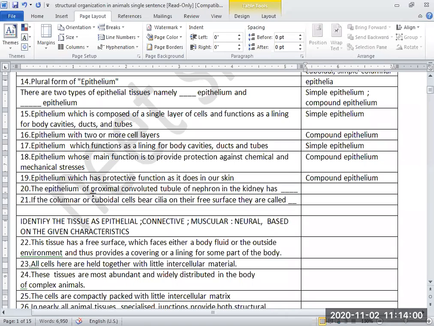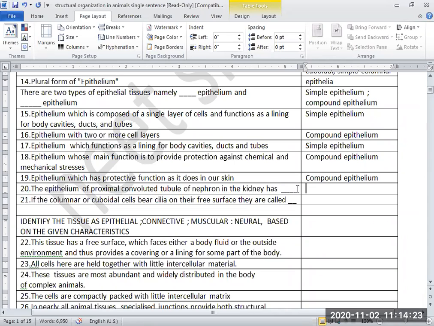Okay, the epithelium of proximal convoluted tubule of nephron in the kidney has. Simple squamous. Okay, no. Just try to understand the question. We made all the questions based on NCERT. Epithelium of proximal convoluted tubule of nephron in the kidney has what?